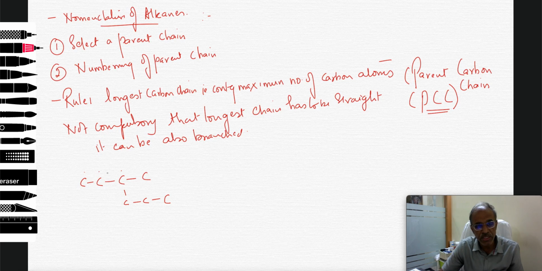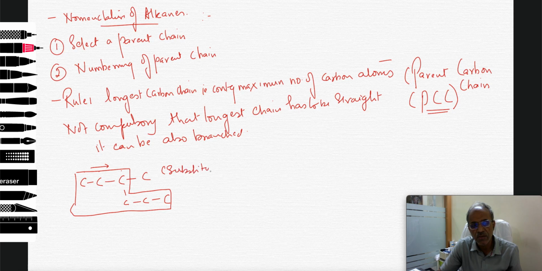Suppose from here to here, if I go 1, 2, 3, 4, but here 1, 2, 3, 4, 5, 6. So for me, this will be the longest carbon chain, and this becomes a substituent, and this becomes the PCC.